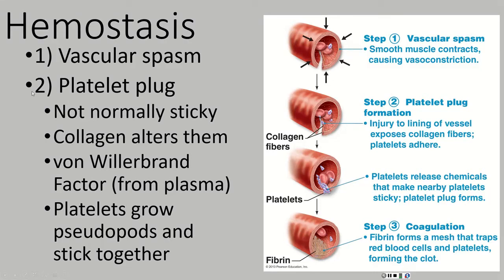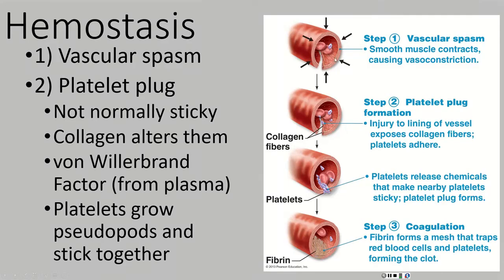So the second thing that happens is something called platelet plug formation, or sometimes you'll hear it called a temporary band-aid. So this is how do we plug up that cut after it's been pinched shut? Well, platelets themselves normally are not sticky. We don't want them sticking to stuff. But when we damage a blood vessel, we expose stuff that's normally inside the wall of that blood vessel.